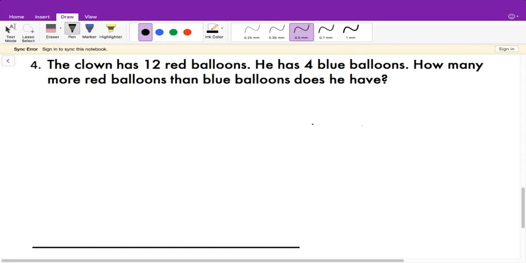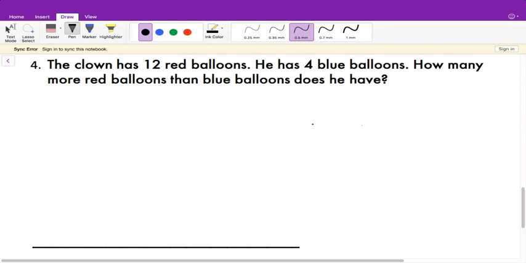When there's a part whole problem, I know it's always part plus part equals whole. So if I have both parts right now, the question should be asking me, how many balloons are there all together? So I'm going to read the question again and see, is that what it's asking me? How many more red balloons than blue balloons does he have?